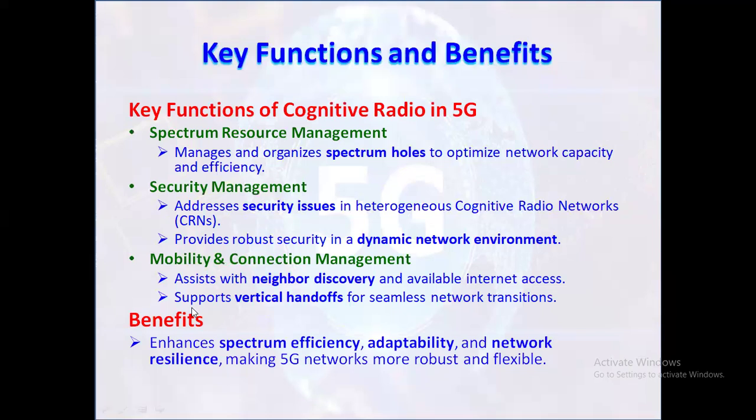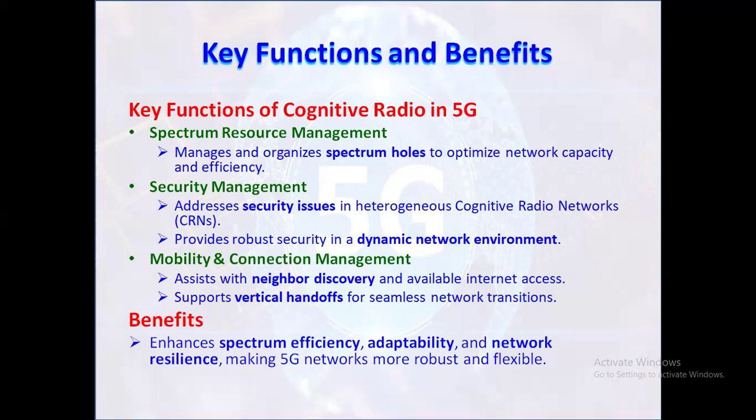Spectrum resource management. First we'll concentrate on spectrum resource management. Spectrum resource management in cognitive radio involves efficiently managing and organizing spectrum holes, or unused frequency bands, to increase network capacity and maximize resource utilization.